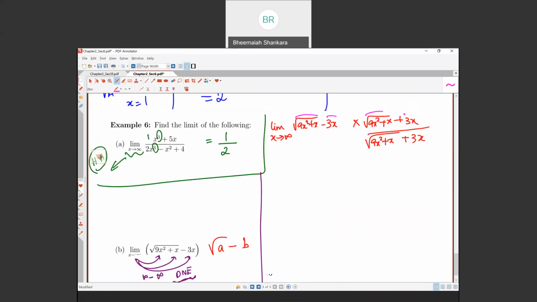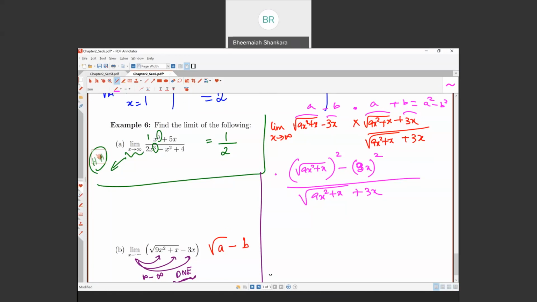So this will give you the product, which is the difference of squares, a squared minus b squared. So let's do the square of the square root. It's square root 9x squared plus x, squared, and then you have 3x squared, divided by the denominator term, square root 9x squared plus x plus 3x, as the limit x approaches infinity.